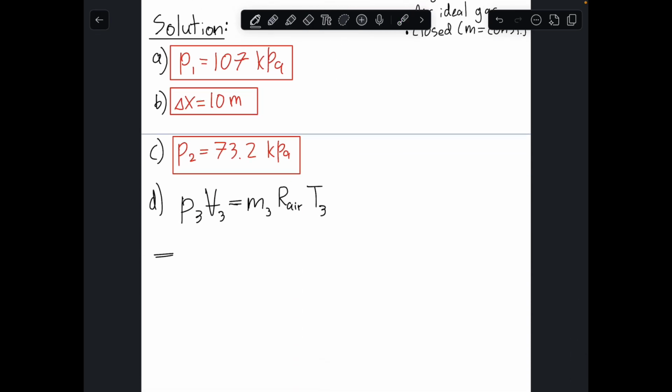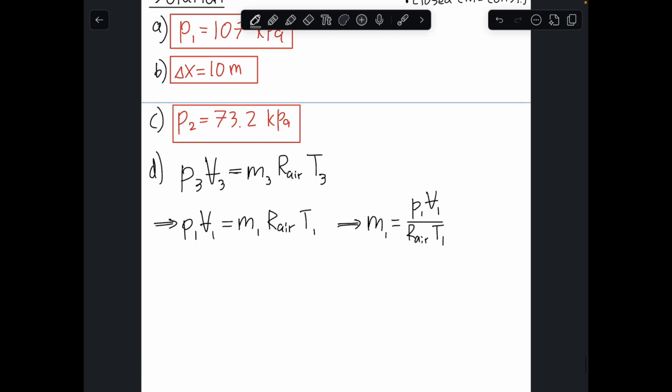So just a quick note here, where you're going to write the ideal gas law for state 1. So P1 V1 is equal to M1 R of air times T1. And so if we rearrange this to solve for mass, we will get the mass at state 1 is equal to the pressure at state 1 times the volume at state 1, all divided by the R value for air times the temperature at state 1.